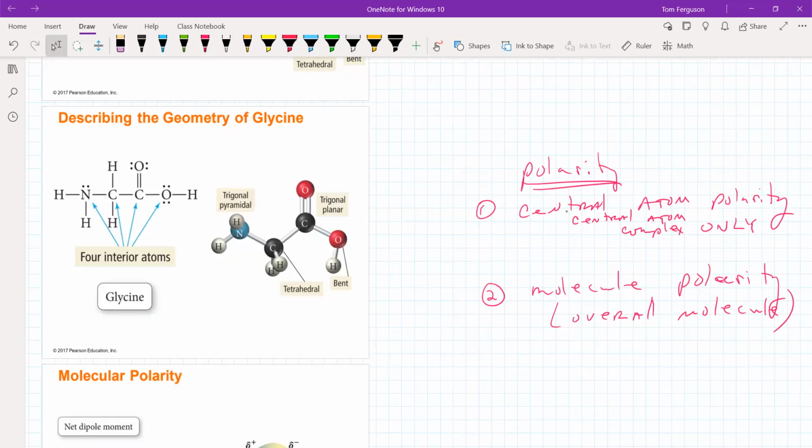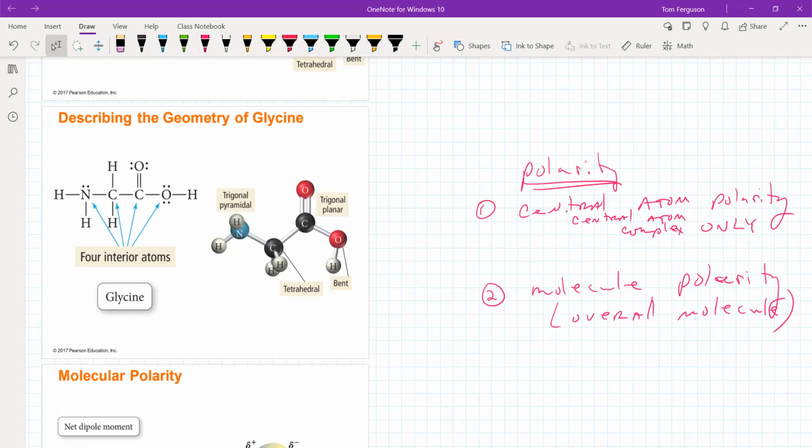Then you need to consider the overall polarity of the molecule. So whenever we have an oxygen with lone pairs and single bonds, that's a very polar spot in that molecule. Likewise with nitrogen, not as much, because nitrogen has 1 lone pair, oxygen has 2 lone pairs. Okay, so here is a polar spot. Here is a very polar spot.